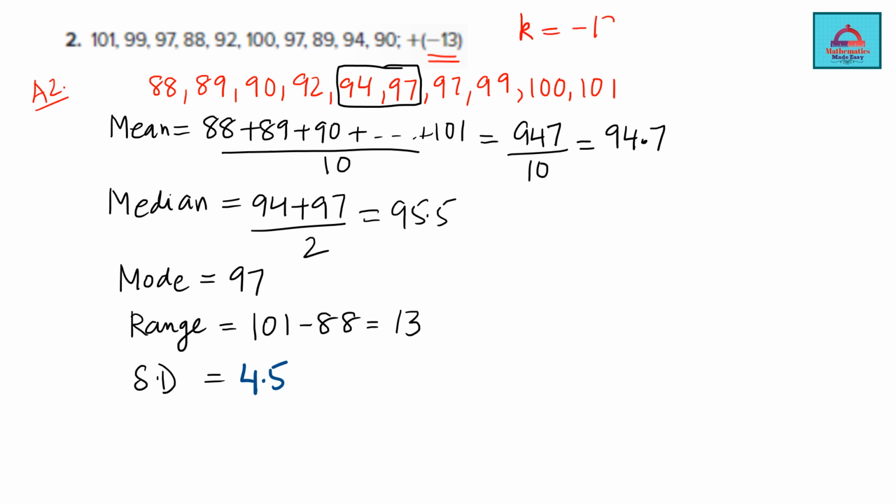Now k is -13. That means you will subtract 13 from each of them. So -13, -13, -13, range will be same, standard deviation will be same. So now let's subtract 94.7 minus 13. This is 81.7.